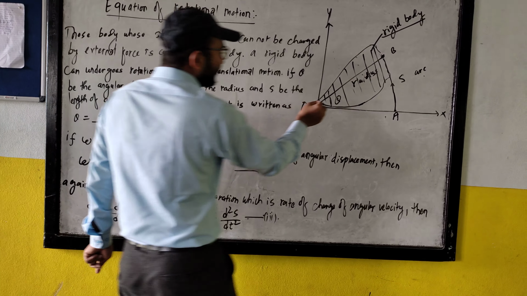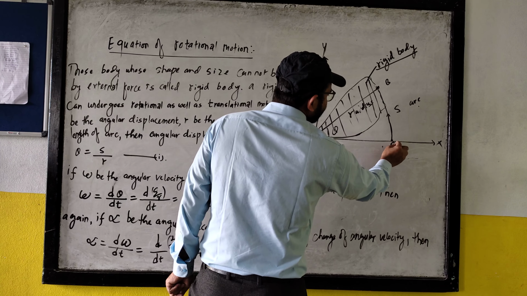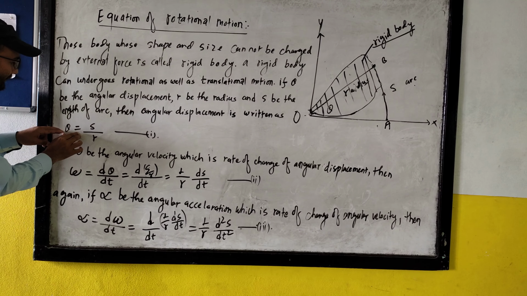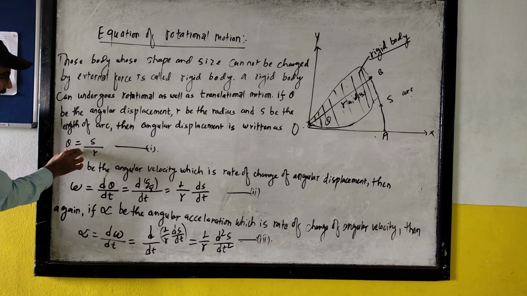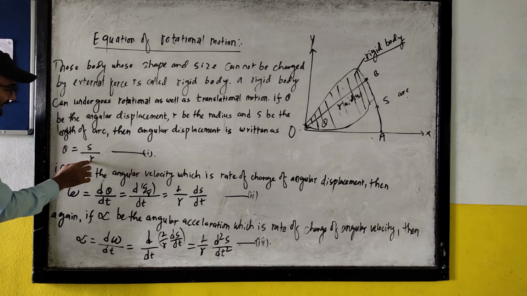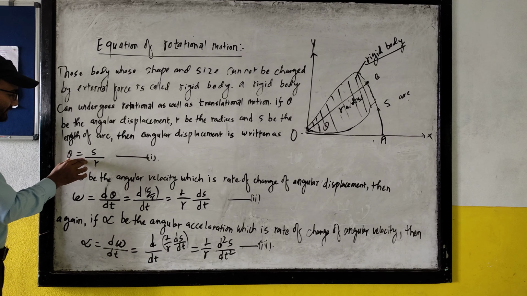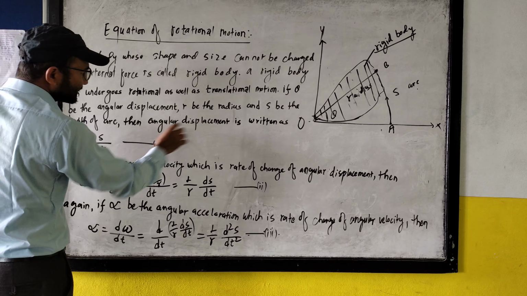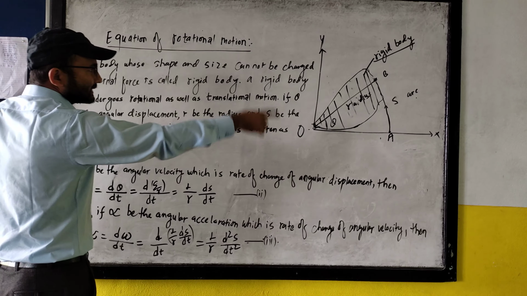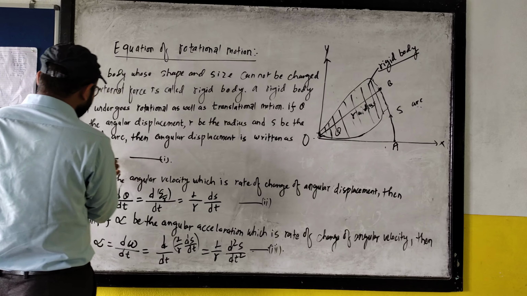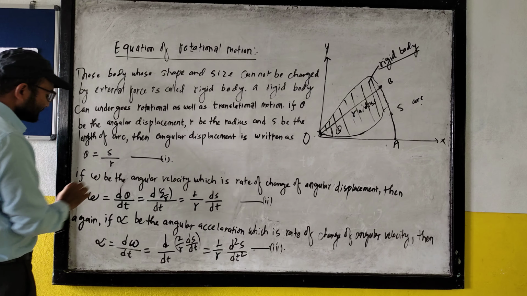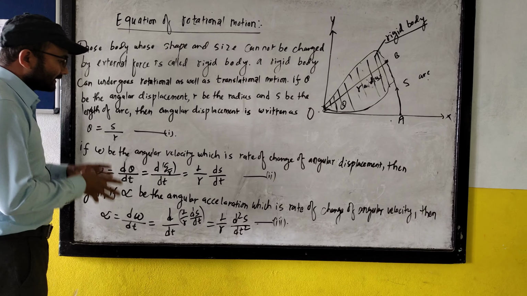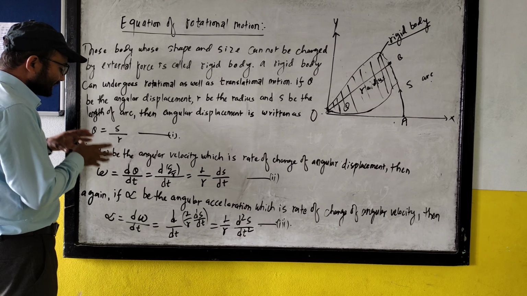When we take the angle into account, how the object displaces from A to B, theta equals S by R. Here I have written angular displacement because the object is rotating by making an angle theta.